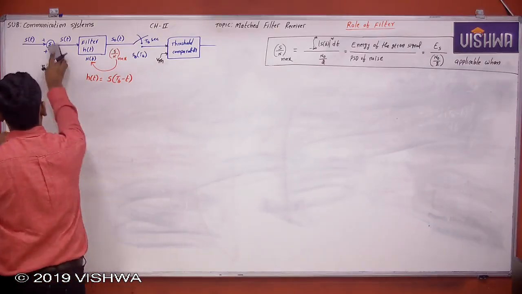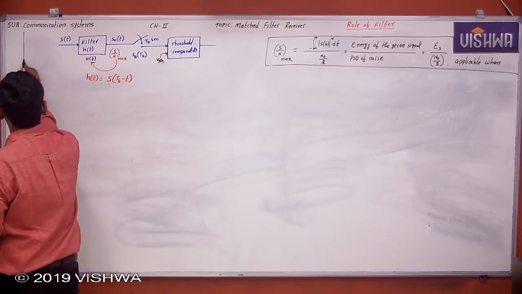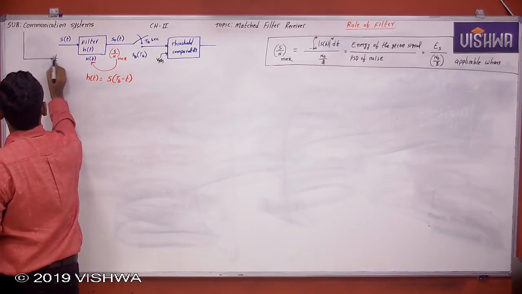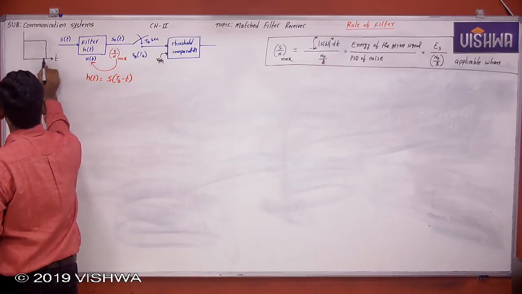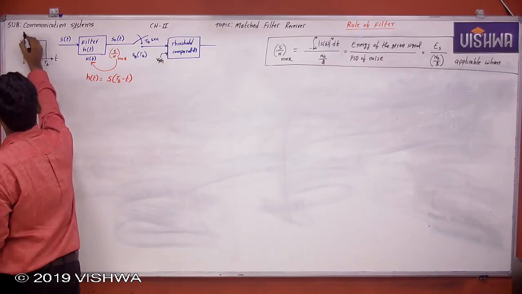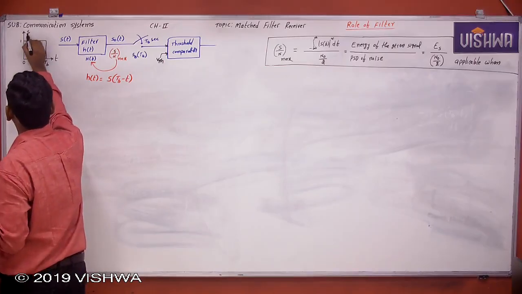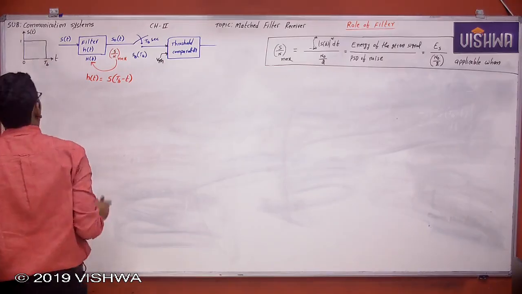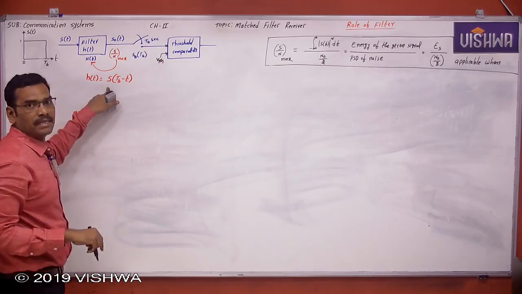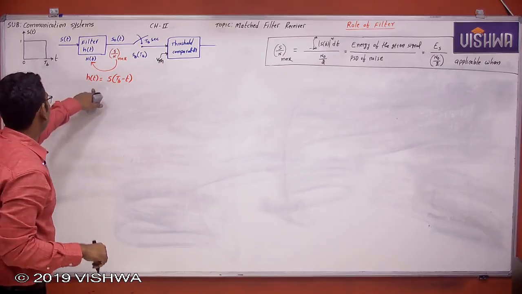This is the input signal to the filter, a rectangular pulse, and we are asked to find the impulse response.